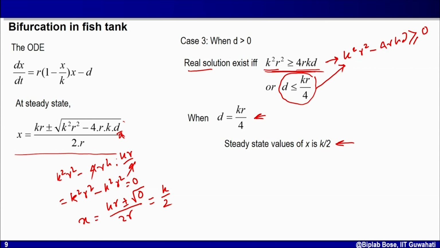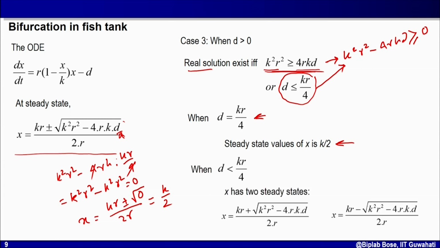What if d is less than kr by 4? In that case, what will happen? As I replace the value of d with a value which is less than kr by 4, this whole thing in this bracket will be less than k square r square.